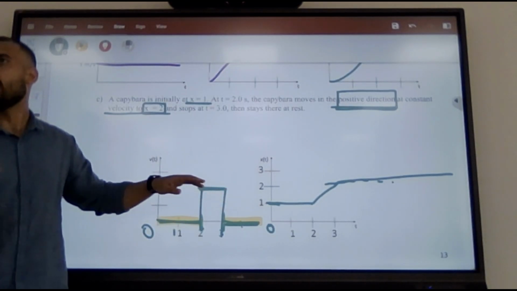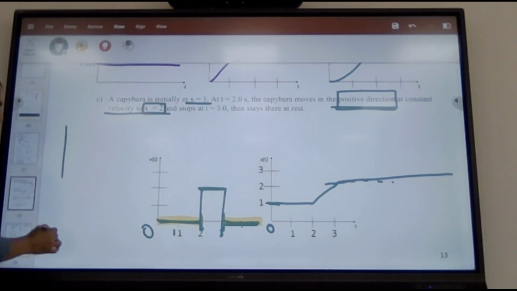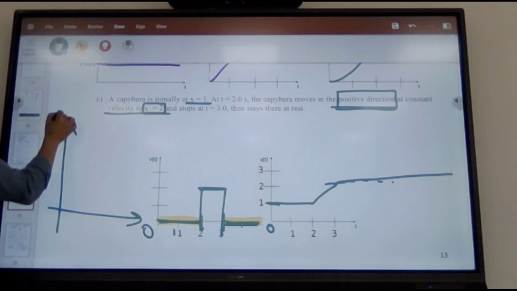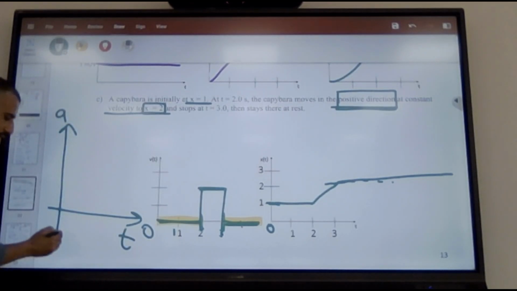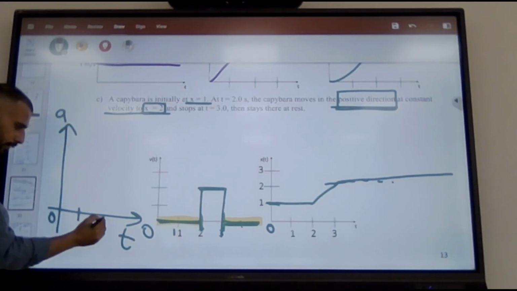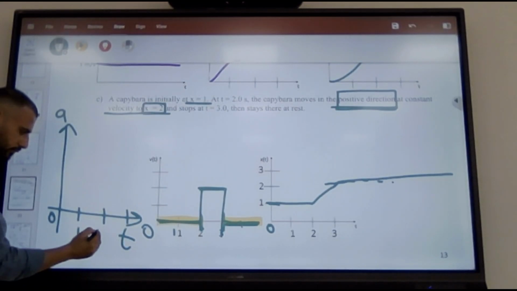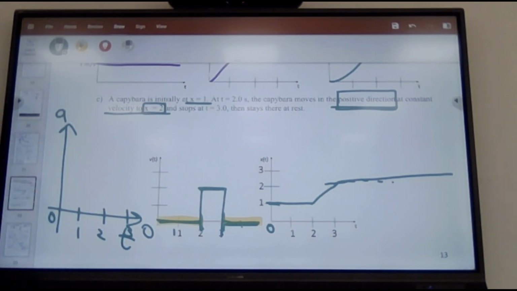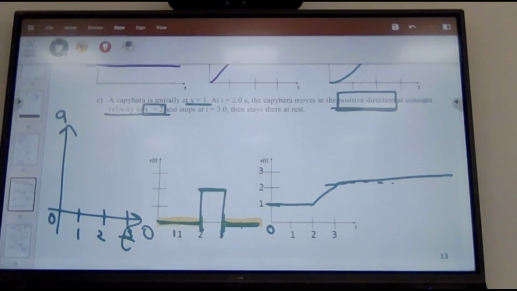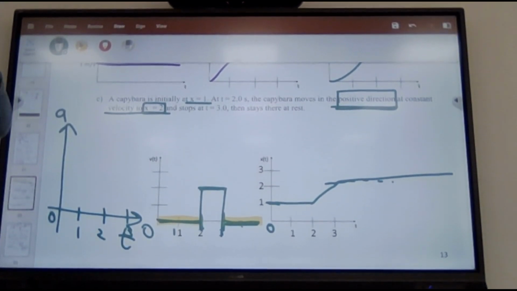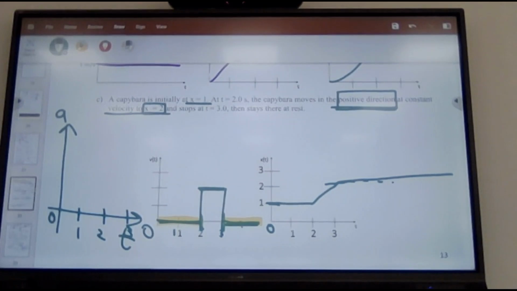Now, if I ask you, what will be its acceleration versus time graph? Acceleration versus time graph. Yes. What is acceleration? It is the change in velocity, or it is the slope of velocity, isn't it?